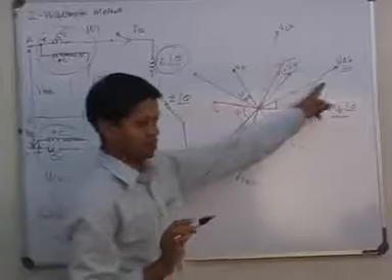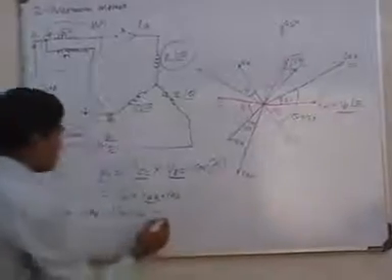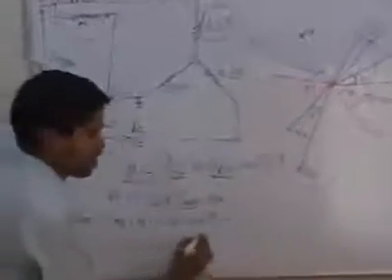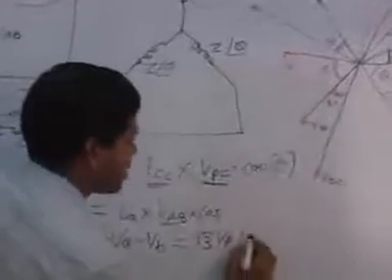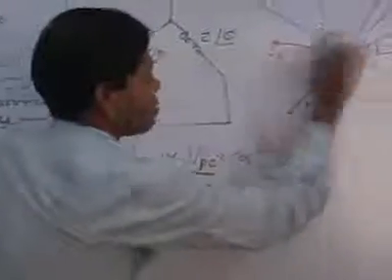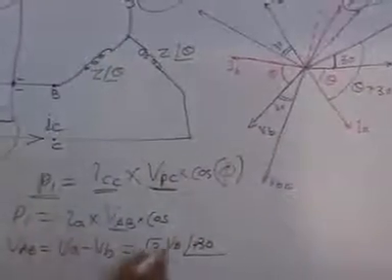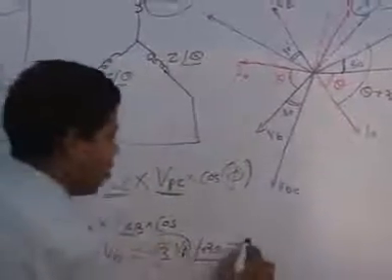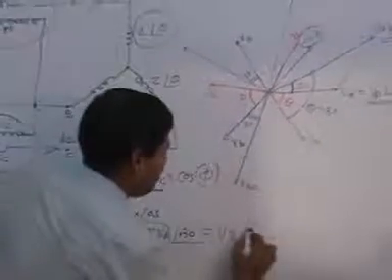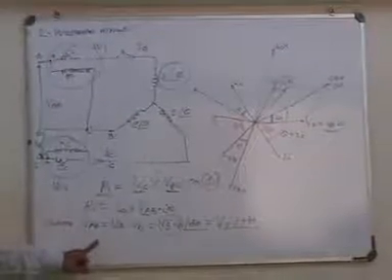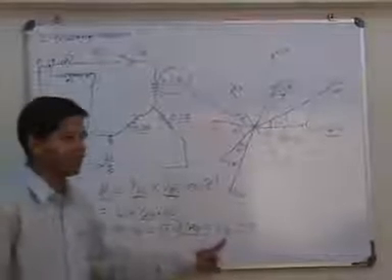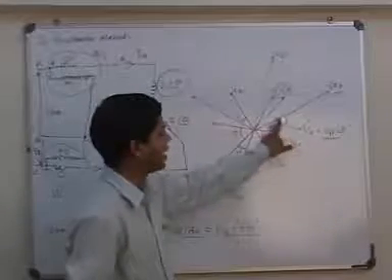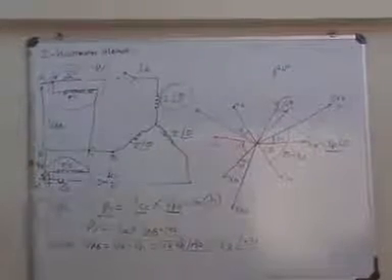This will be root 3 times VB angle of 30 degrees. We can also call this term the line voltage, VL angle of plus 30 degrees. Remember this expression. The line voltage is leading the phase voltage by 30 degrees.